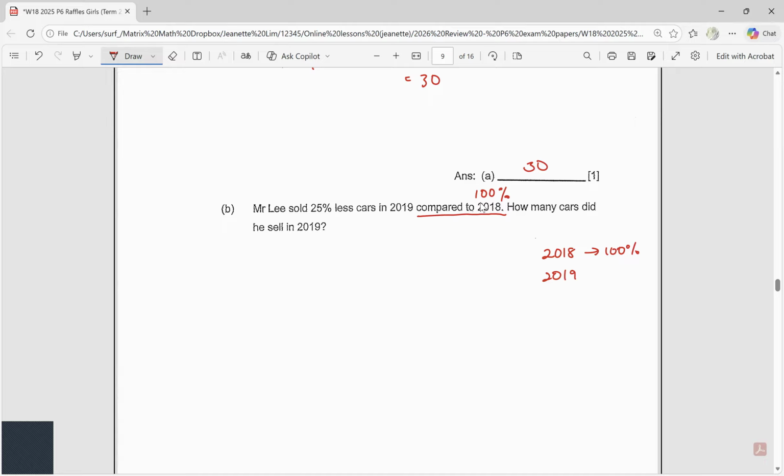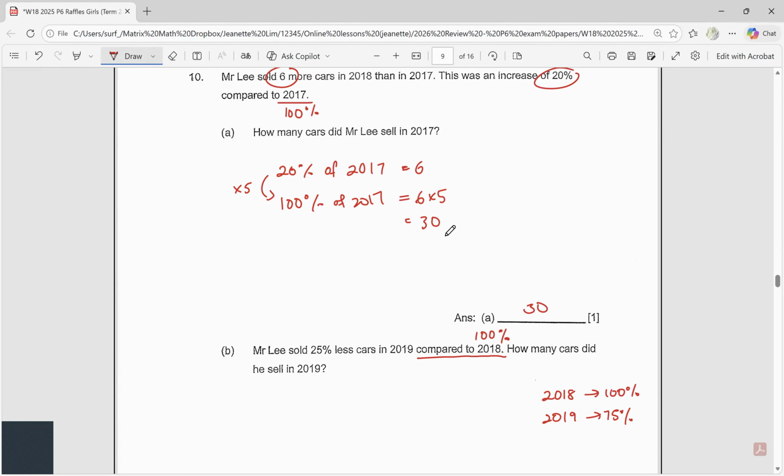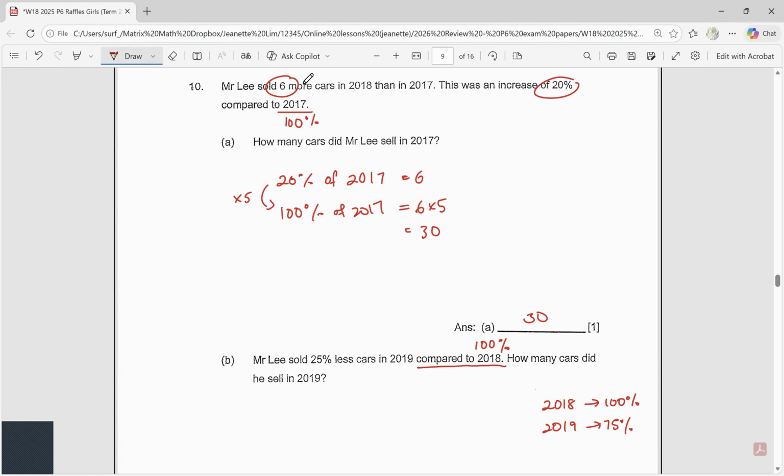2019, you have 25% less cars. So that is 75%. So how many cars did he sell in 2019? Do we have 2018? 2018 is 6 more than 2017.